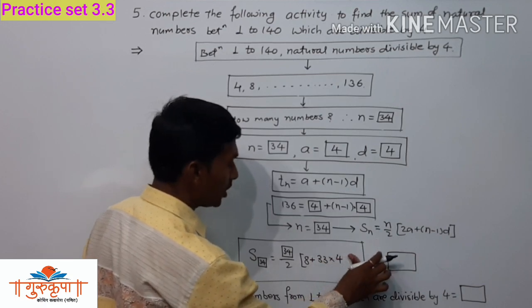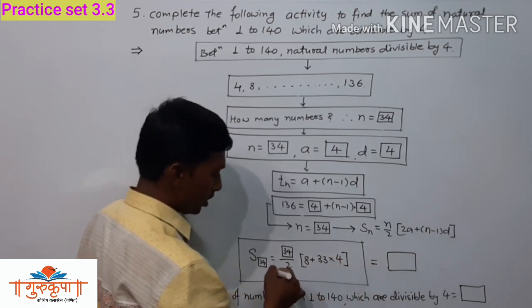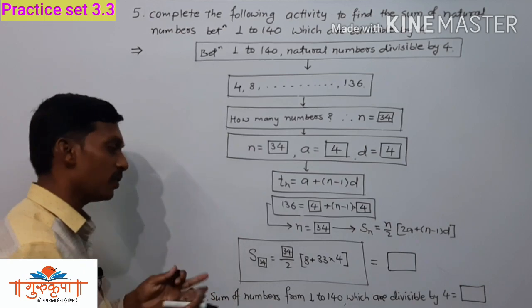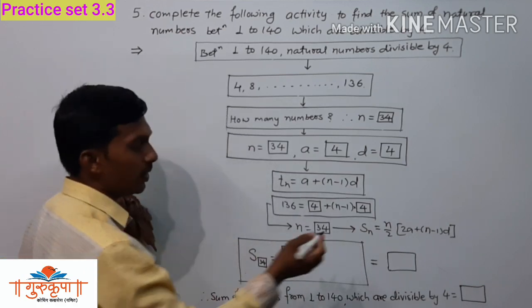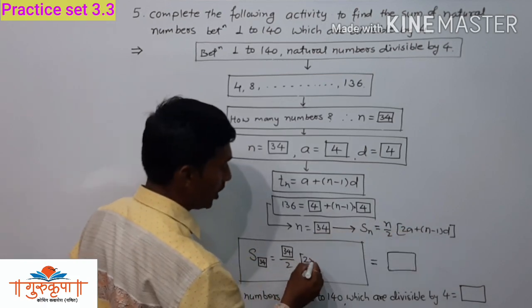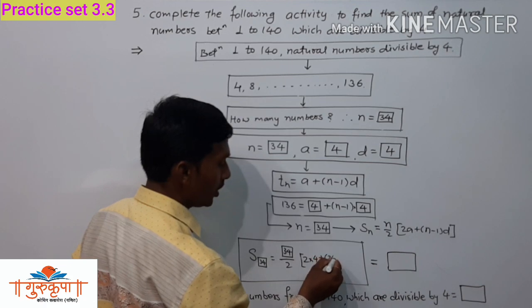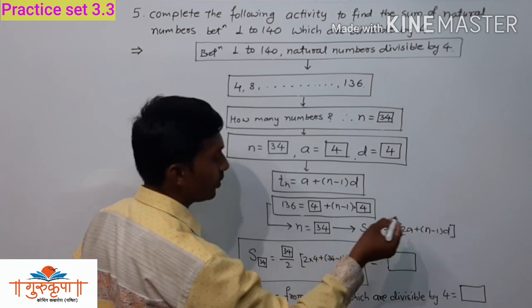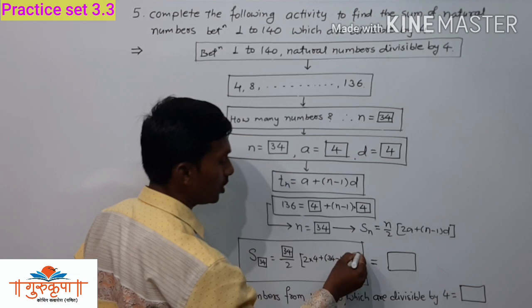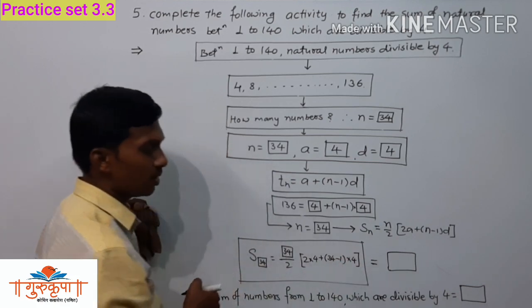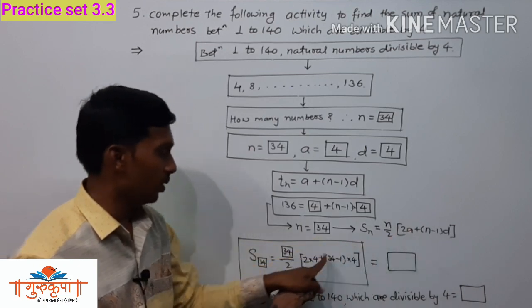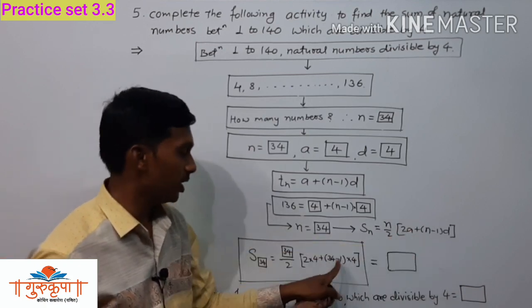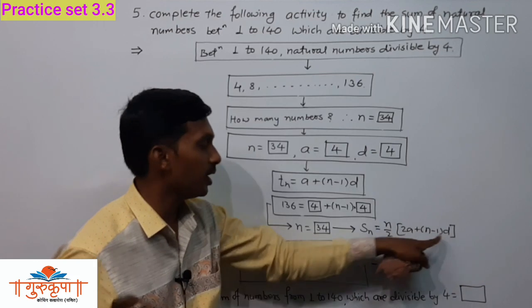Now again simplify this on the rough page, or we can simply put the values: 2 multiplied by the value of a, 4, plus the value of n, 34, minus 1, into the value of d, 4.